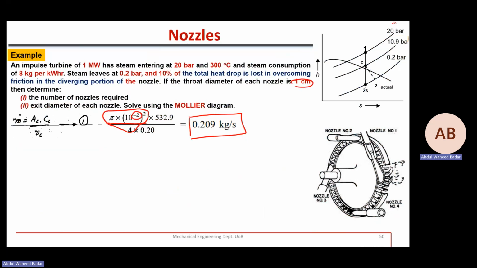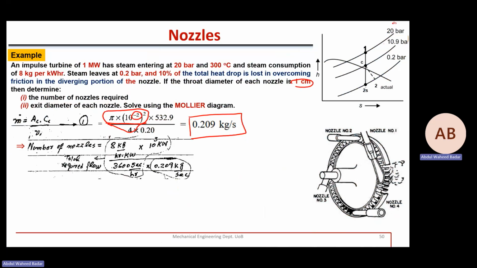So here, let's try to understand that this is the total amount of mass which is required to flow, but for how much kilowatt hour? 1 kilowatt hour. And how much is the power required? 1 megawatt, 1000 kilowatt. So this is the flow rate for 1 kilowatt hour, and this is the total power which is required.